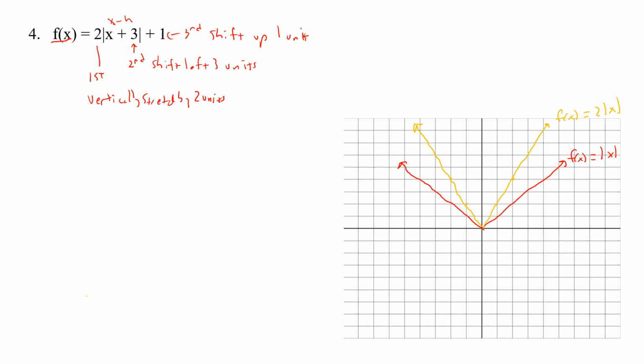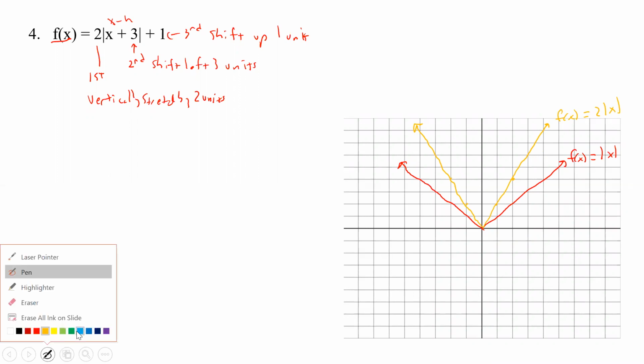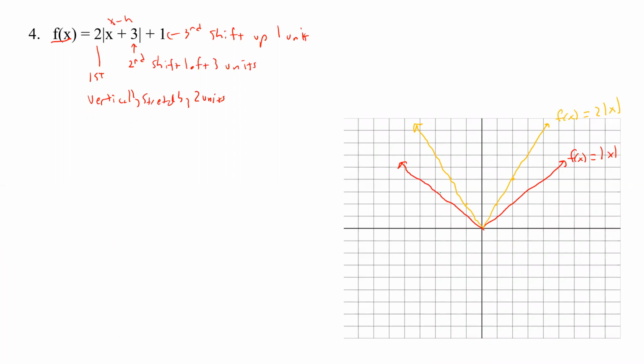Now we're going to shift the whole thing left 3 units. All right, so shifting it left 3 units. This goes 1, 2, 3. This one goes 1, 2, 3. Let's say we do this one 1, 2, 3. Now this one we can go 1, 2, 3. Maybe this one 1, 2, 3.